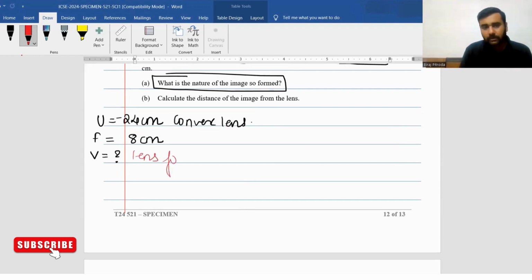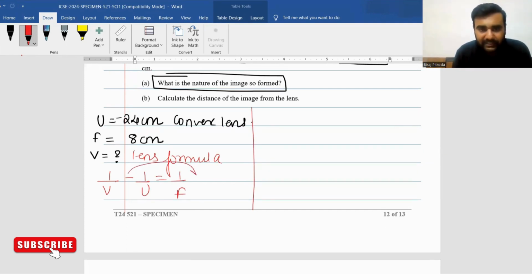I hope we all know what the lens formula is. Lens formula is 1/v minus 1/u is equal to 1/f. So when I try to use it, I'll shift this on the opposite side, which gives me 1/v is equal to 1/f plus 1/u.